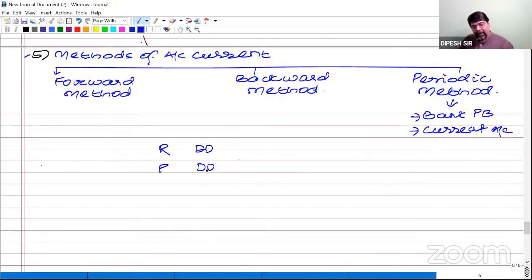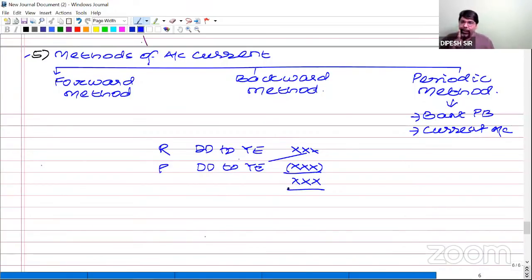First method is due date to year end is total interest receivable. Due date to year end is total interest payable. So you'll get net interest. Year end means period end or statement period, whatever you call it. So end date. Due date to end date, subtract, you'll get net interest.